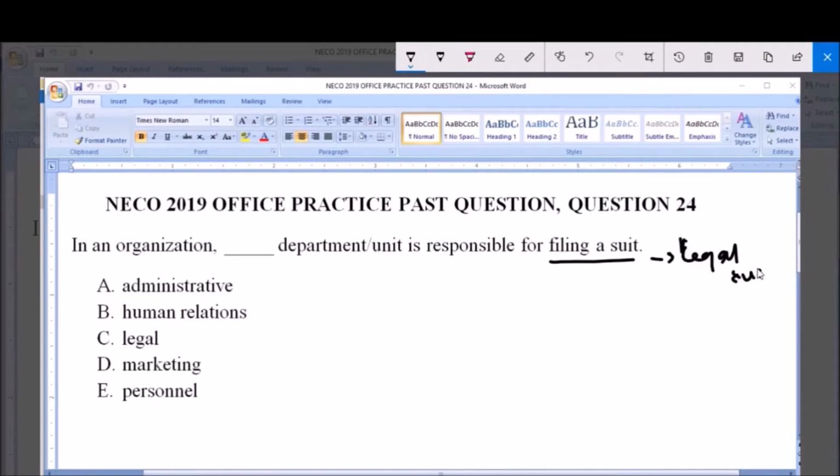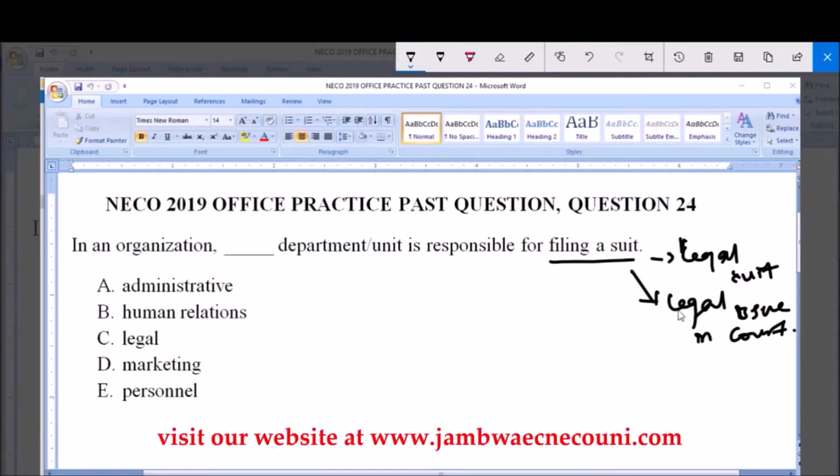Filing a suit means making a legal issue in court. Now we are asked to pick an option that is a department which is responsible for taking legal actions for an organization.